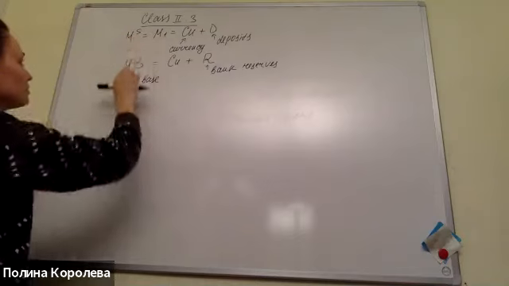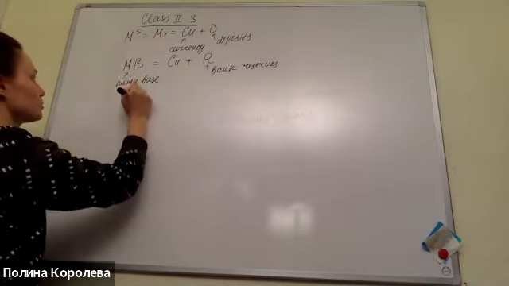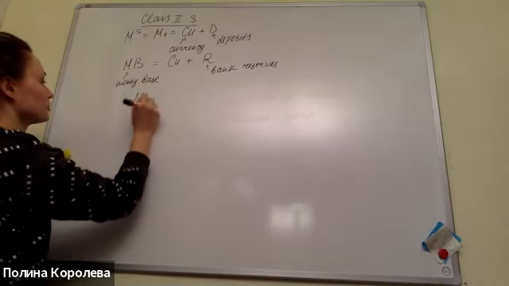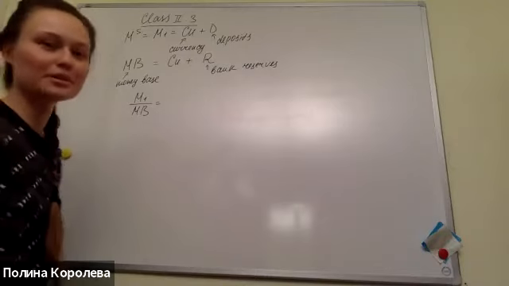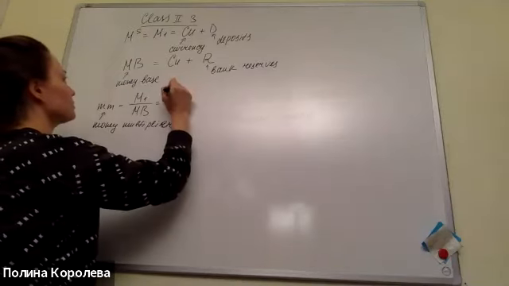Then, if we divide money supply by monetary base, what will we have? We will have the money multiplier. Yes, money multiplier. Let's write it down.